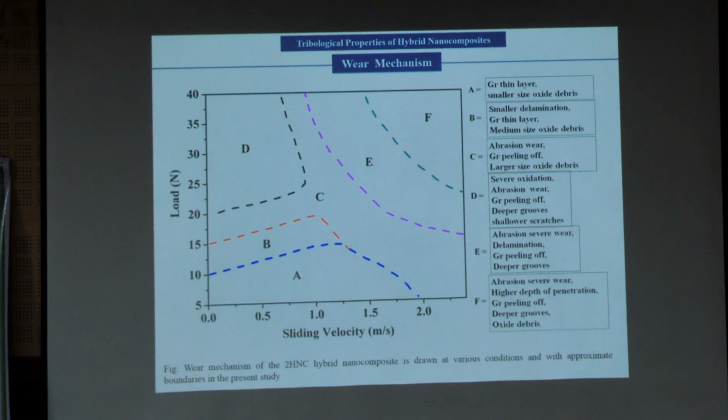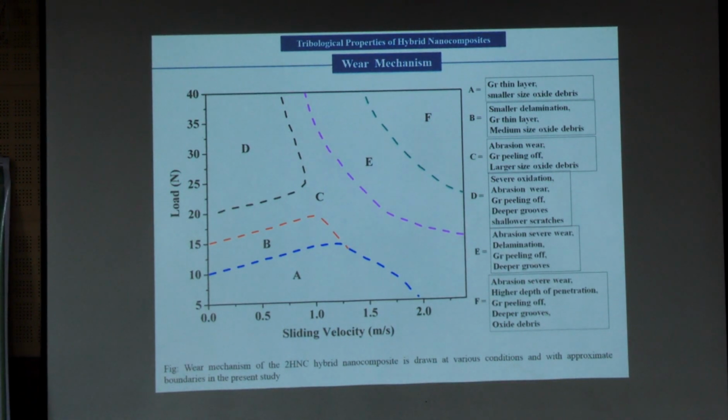That is, you see this one with the load and the sliding velocity, that is within this region. Actually what is happening is the wear mechanism has a graphite thin layer and smaller size oxide debris.